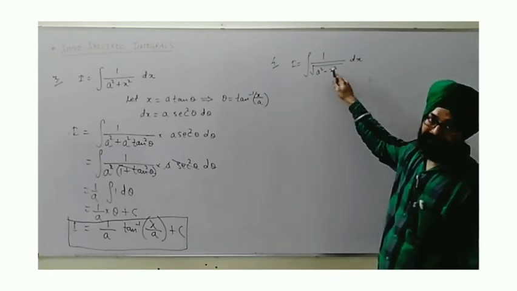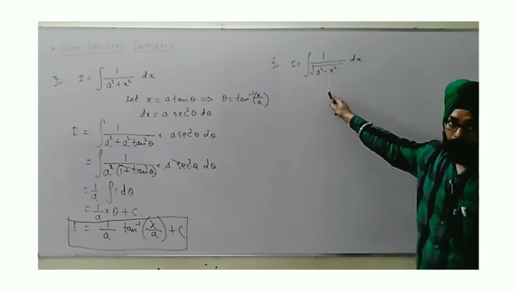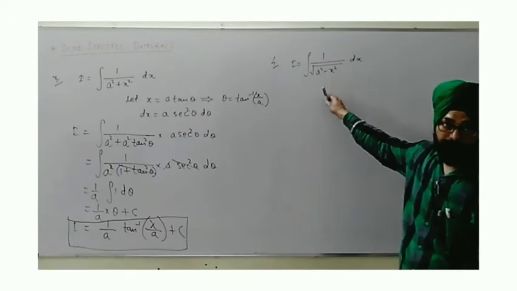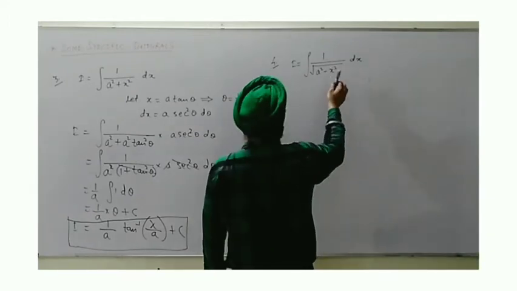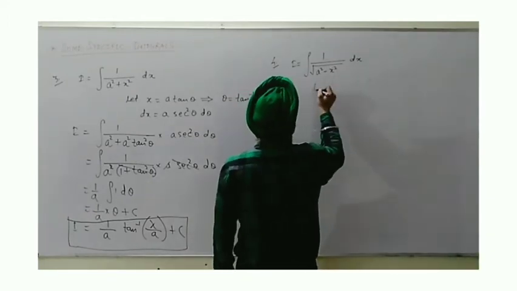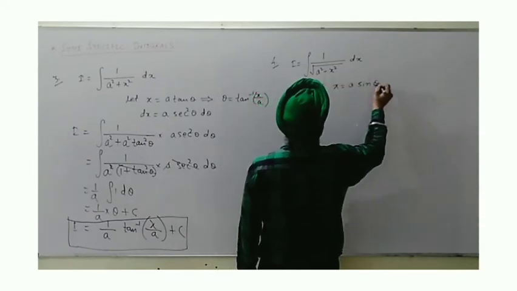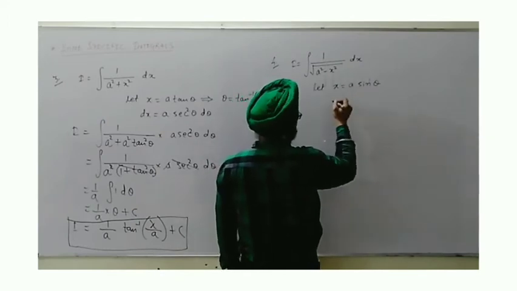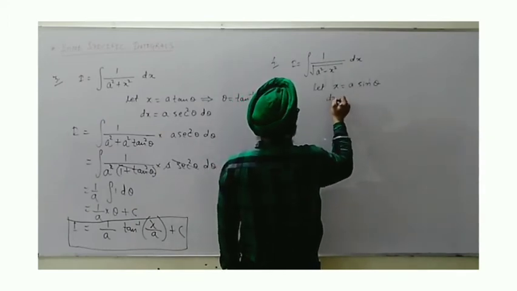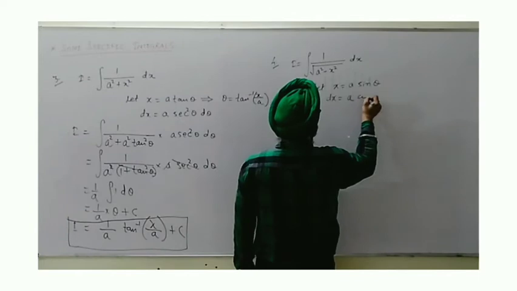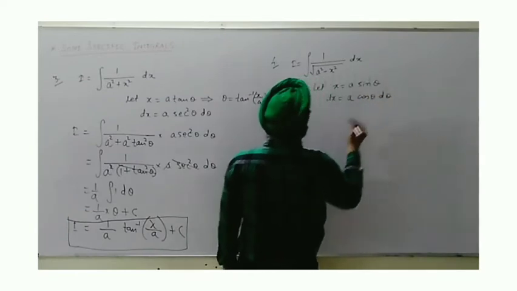Whenever it is a square minus x square, by the properties we know x will be substituted by a sin theta or a cos theta. We consider x equal to a sin theta in this substitution method, and differentiating now, we get dx equal to a cos theta d theta.